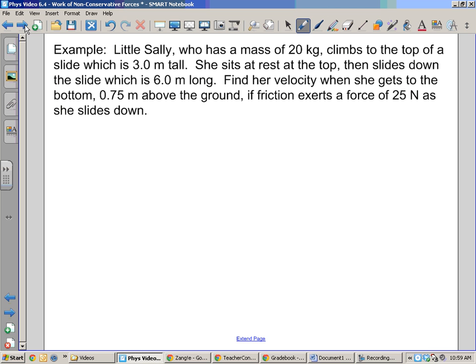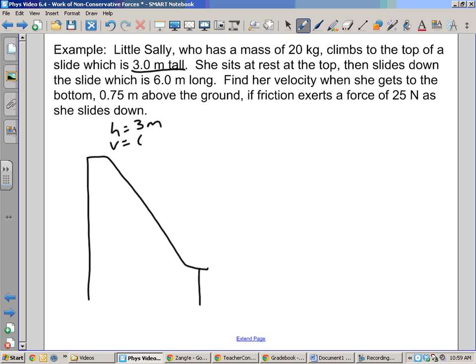And here we go. Let's draw it. We need a slide, right? Slide looks like a ramp. Doesn't quite go down to the ground, right? Okay, so here's what we know. We know that when she's at the top of the slide, her height is 3 meters. She sits at rest at the top, so the velocity at the top is 0. The question wants to know when she gets to the bottom, what's her velocity if the bottom of that slide is 0.75 meters up.